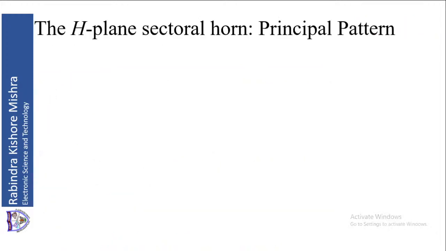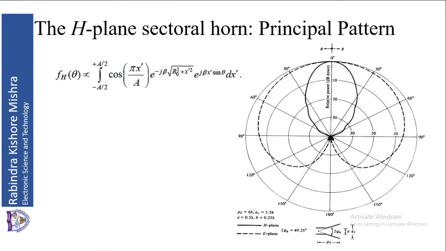So, the principal pattern: you can see the expression for the H-plane sectoral horn antenna. This shows the principal pattern. Here also you can see the H-plane is the solid line, the E-plane is the dashed line. The E-plane is almost an omni pattern, but look at what happens to the H-plane. For the H-plane pattern we get an approximation.